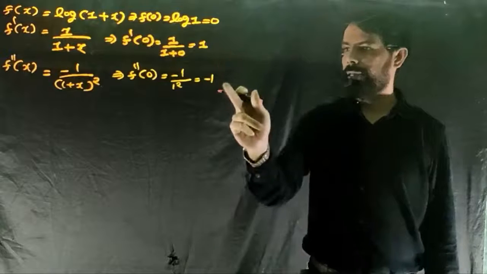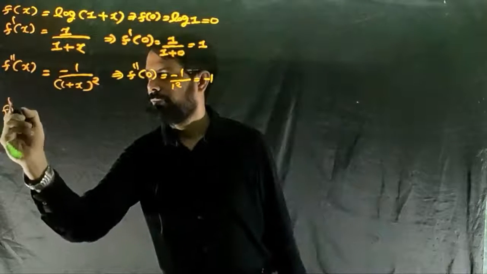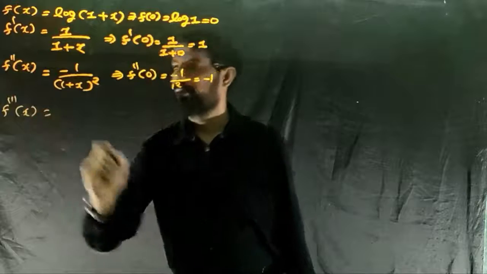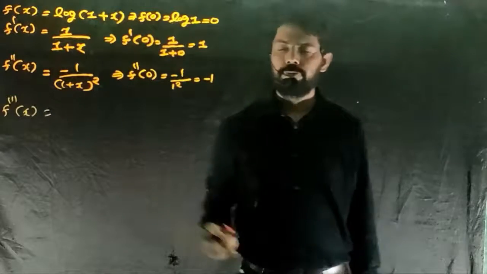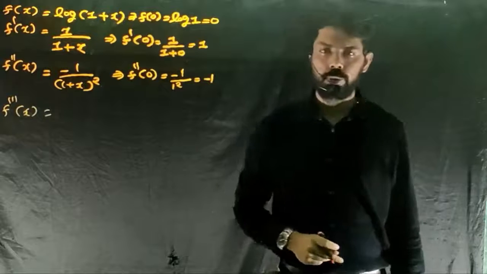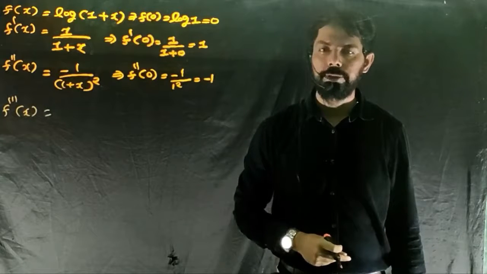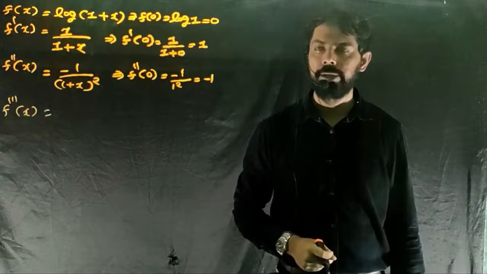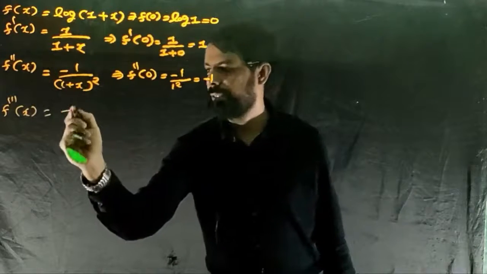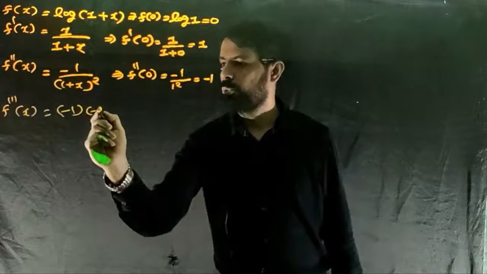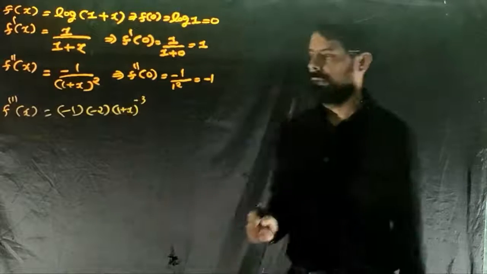Now here as you can see there are two non-zero terms, so still we have to take derivative f triple dash x. Here again using the same formula, this can be written as 1 plus x whole raised to minus 2. And we know that derivative of x raised to n is n into x raised to n minus 1. So by that formula, minus 1 will be as it is, and it will be minus 2 into 1 plus x raised to minus 3.